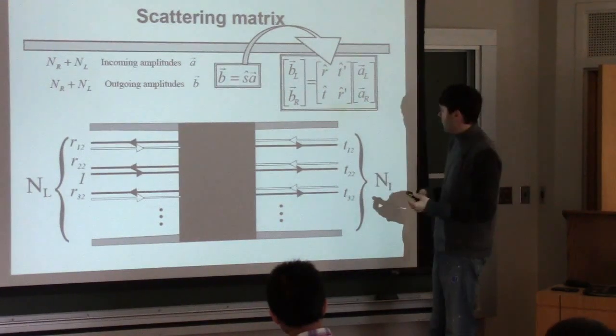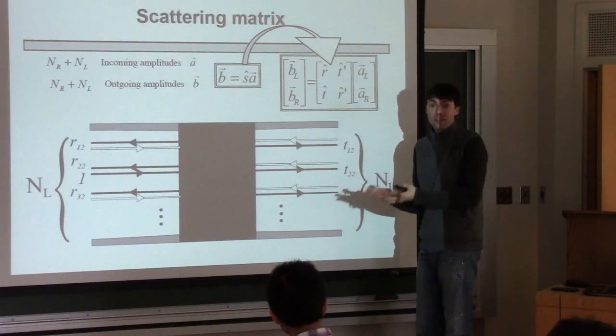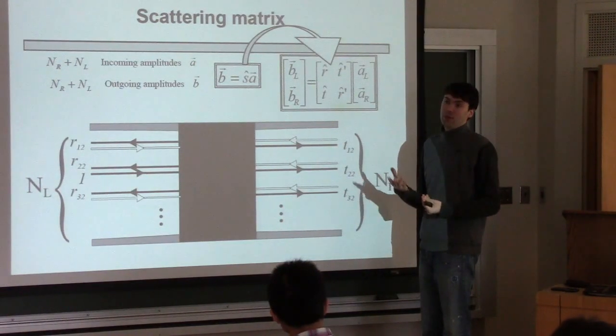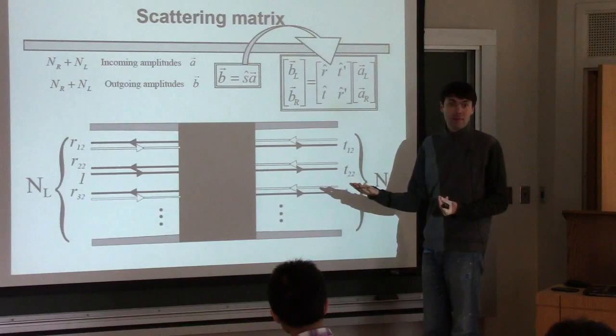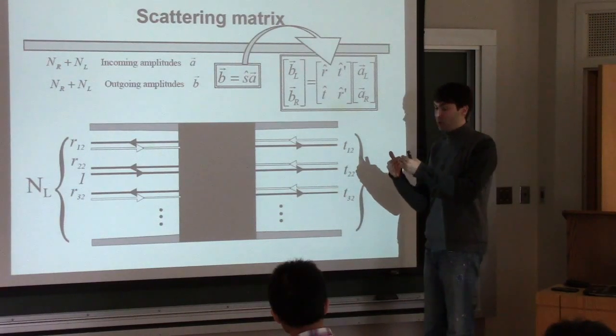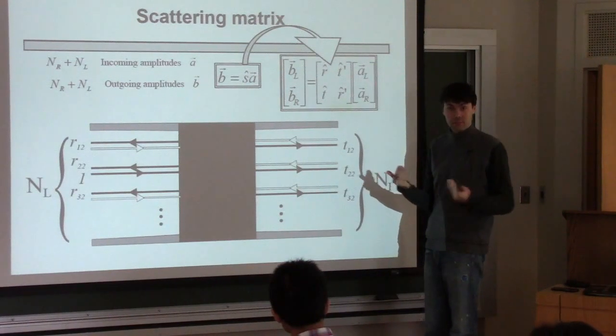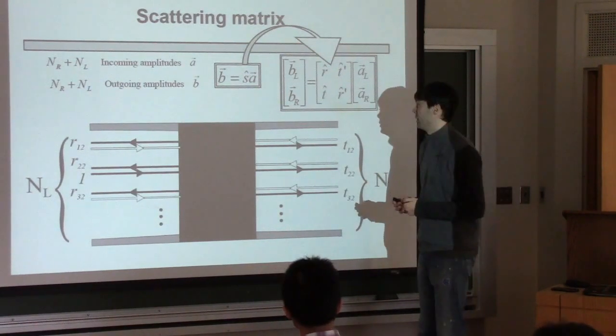That's perfect. You can have values other than 0 and 1. You can have something in between, and that allows you to describe, for example, a tunnel junction where you have some finite probability of transmission and finite probability of reflection for each channel.